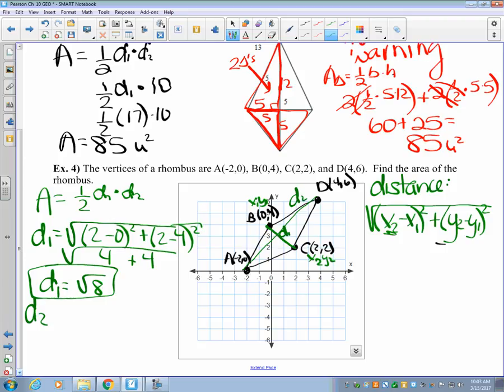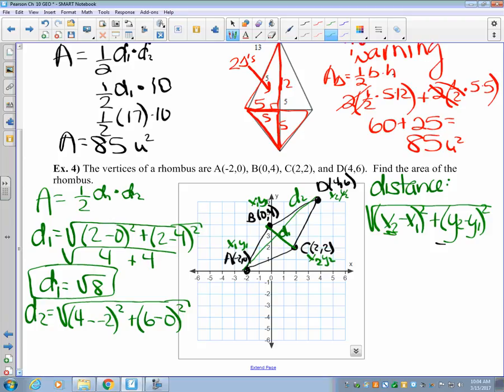The lines are super straight. So we're going to go x1 is negative 2, y1 is 0, and x2 is 4, and y2 is 6. So then we get 4 minus negative 2 squared, and 6 minus 0 squared. Minus a negative, thank you, Algebra Foundations, for doing that lesson this week.